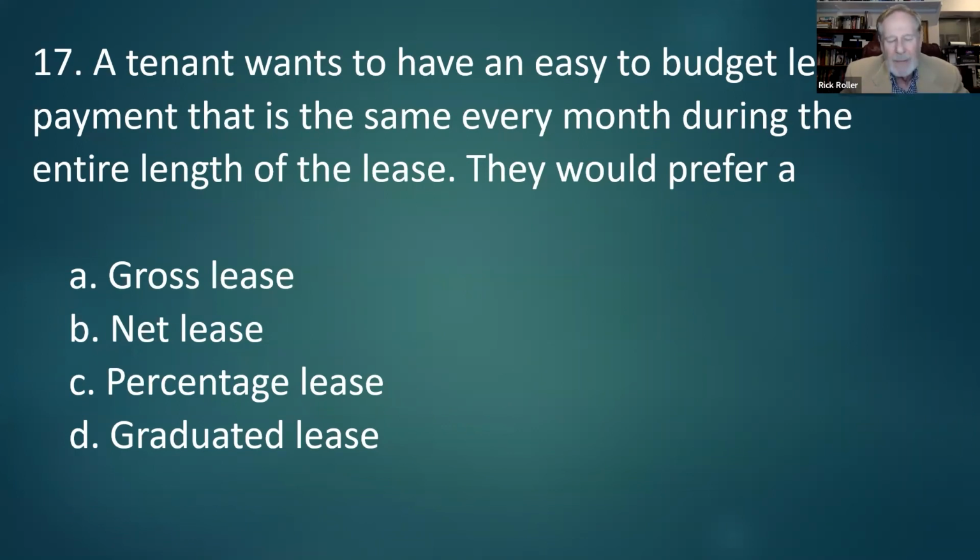So what we're looking at is a gross lease. A gross lease is a contract where they pay a gross amount, and then the landlord pays all the expenses to run the building. Most commonly, that's a residential type property, but not always. Sometimes it could be a commercial property as well. But a gross lease is going to be a set figure every month, if you're paying monthly, for that property till the lease expires.